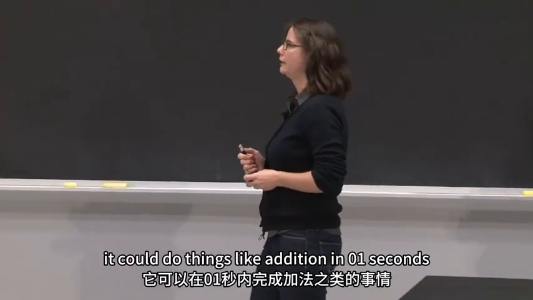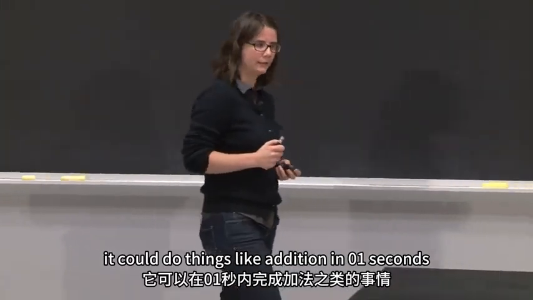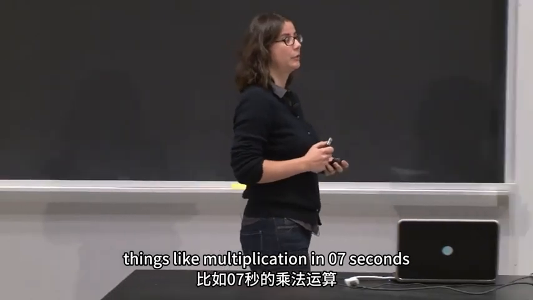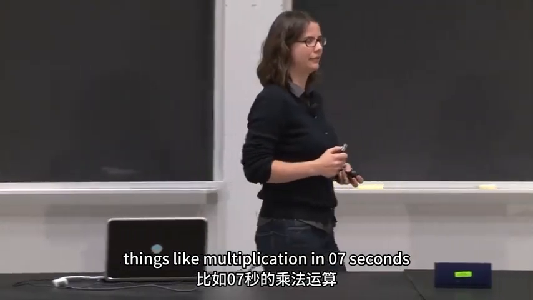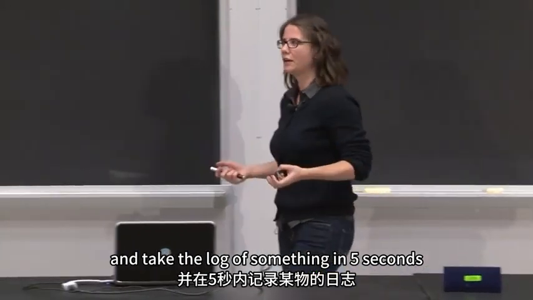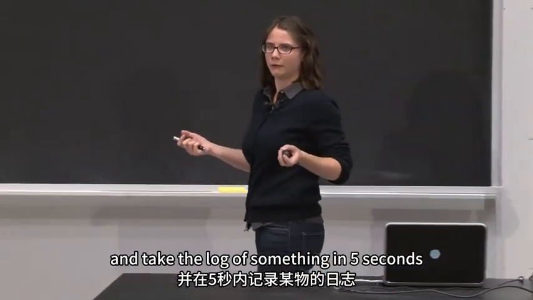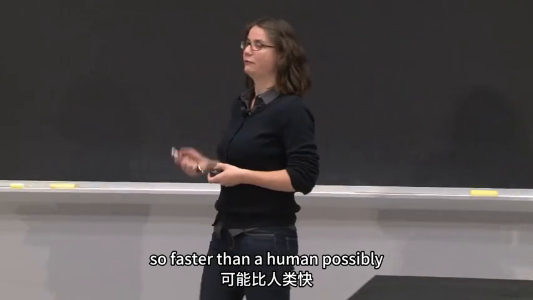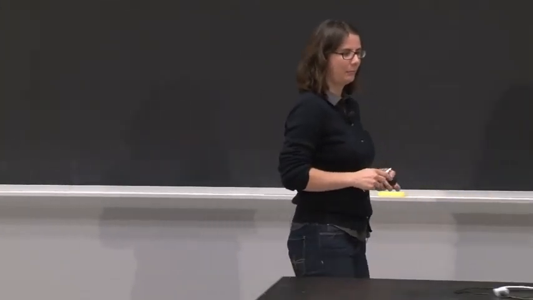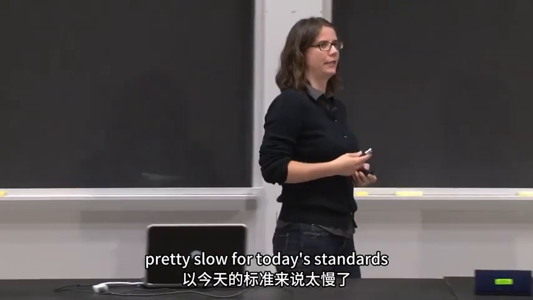It could do things like addition in 0.1 seconds, things like multiplication in 0.7 seconds, and take the log of something in 5 seconds. Okay? So faster than a human, possibly, but pretty slow for today's standards.